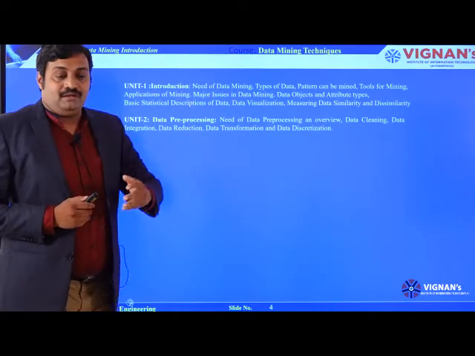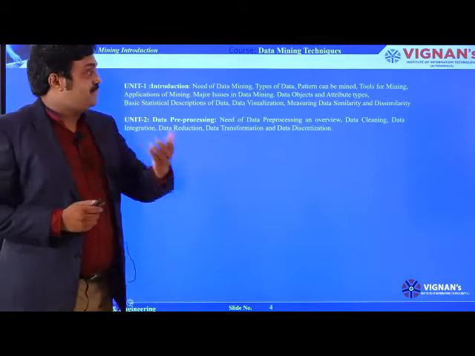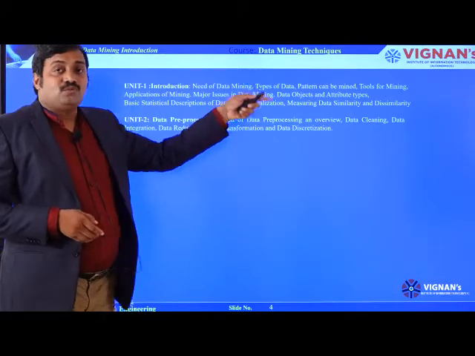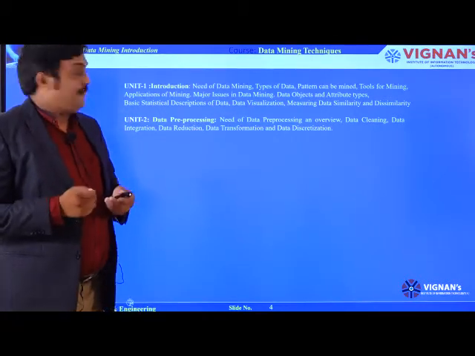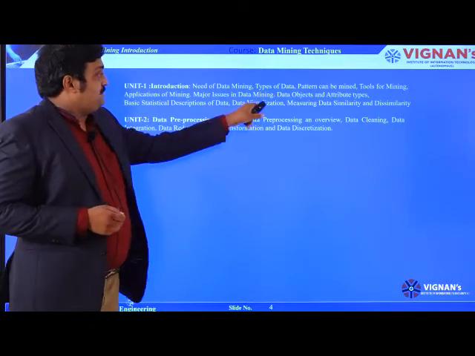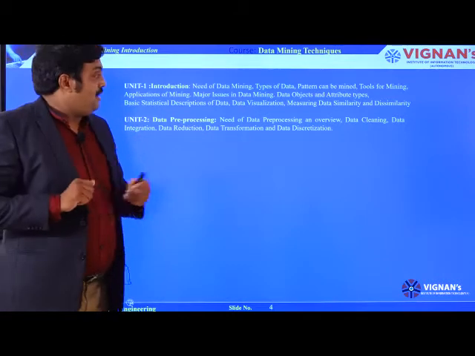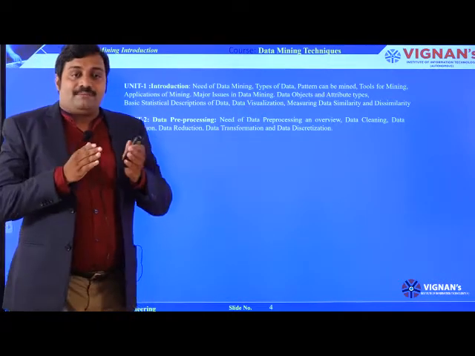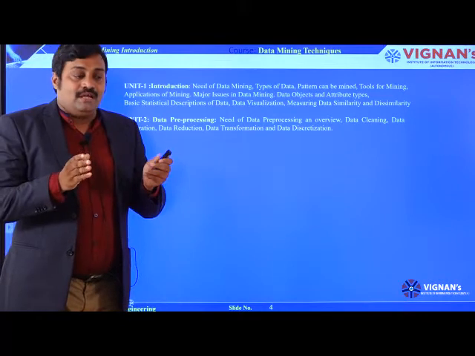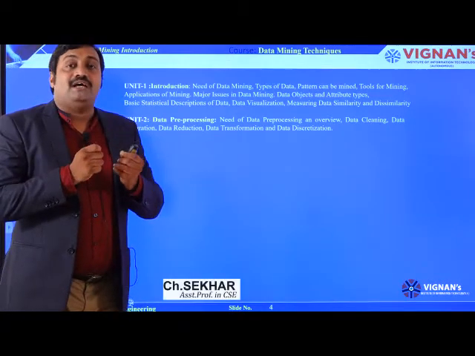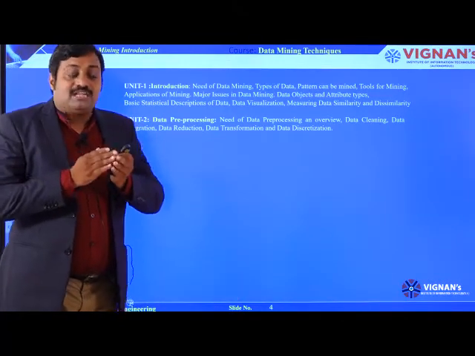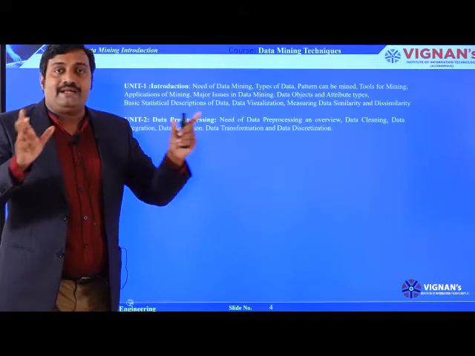What is data mining, where we have to use it, the need of data mining, and what are the basic tools we are going to apply, and what are the visualization techniques we are going to use to view the output, and how we are going to separate or identify between two data. That means identifying the similarity between the two data or the dissimilarity between the two items or data.